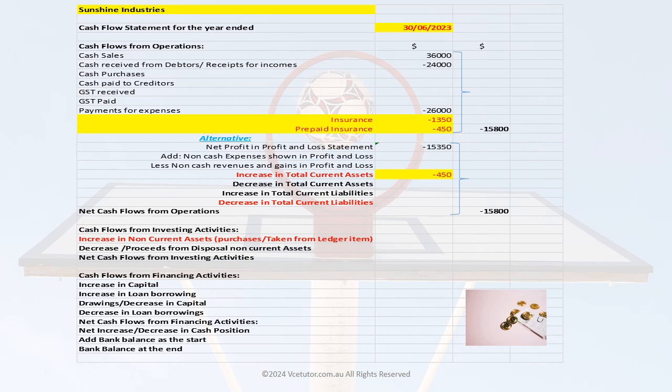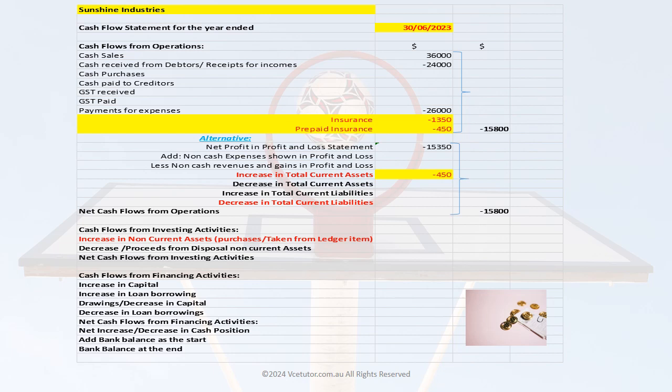Payment for any expenses. In the trial balance you have seen earlier, I had 26,000 paid for various expenses. So that's an outflow. I took only insurance separate there because in the trial balance I had this separate.